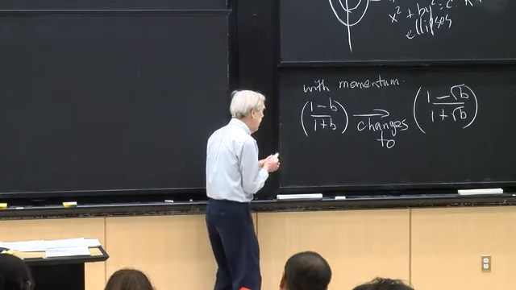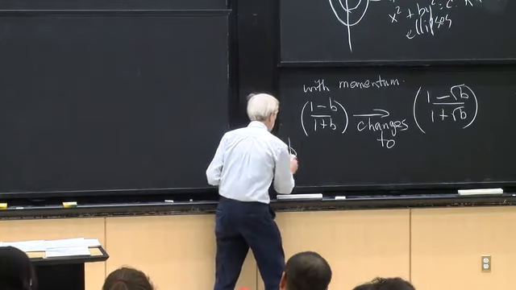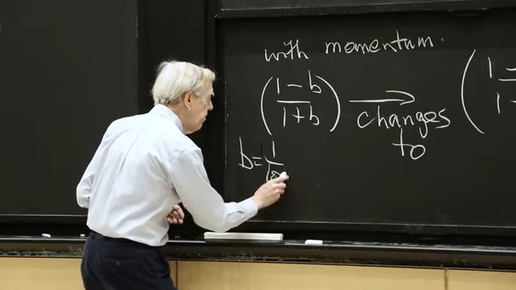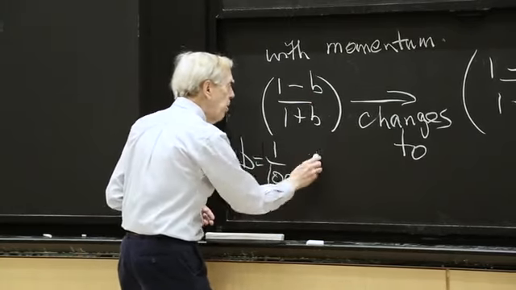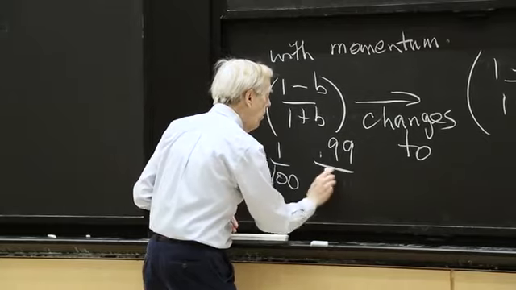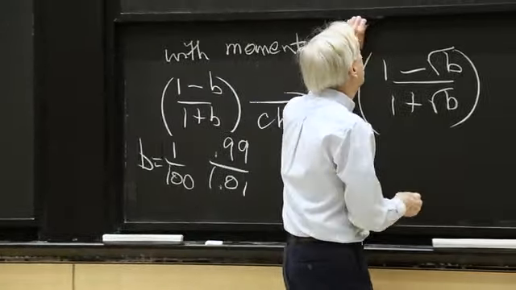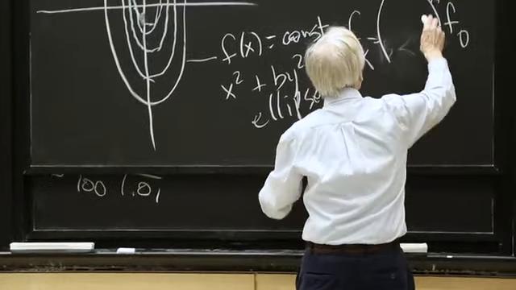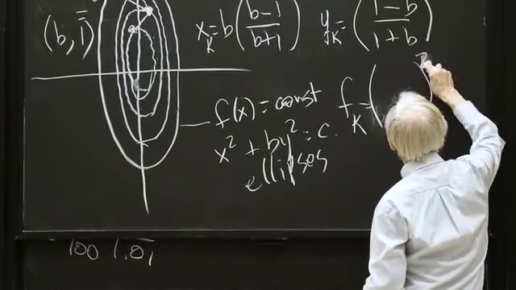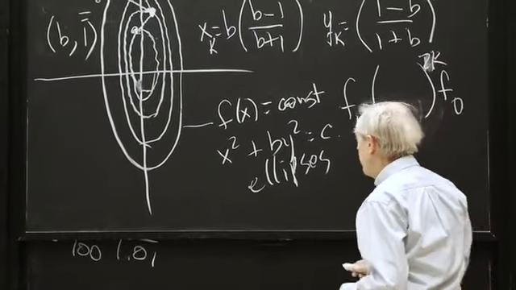So I'll just take the same example that I mentioned before. If b is 1 over 100, then this is 0.99 over 1.01. Oh, I think there's a square here, 2k.